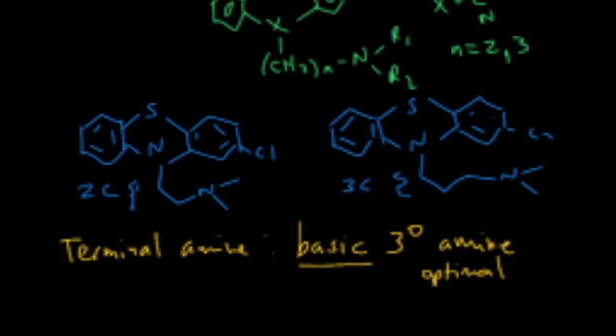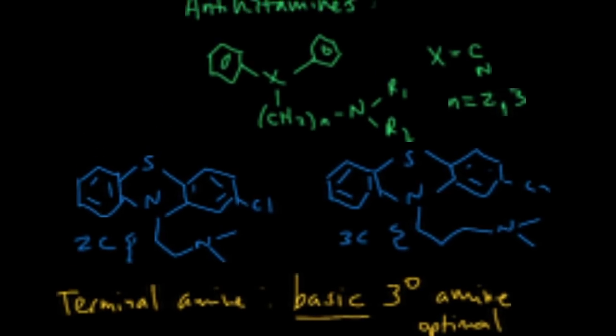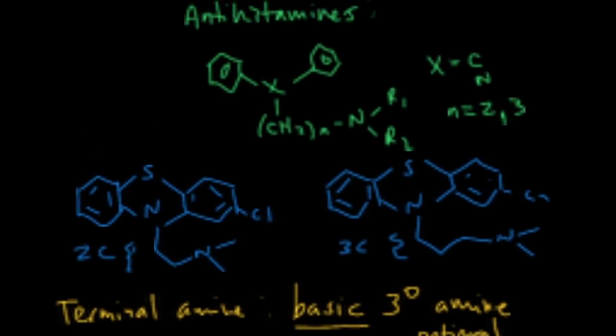Remember, antihistaminics prefer 2 carbon side chains. But to get more antipsychotic activity, you need a 3 carbon side chain. So as I said before, let me write that down.